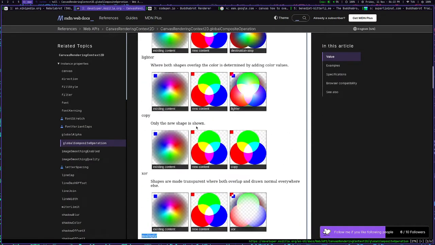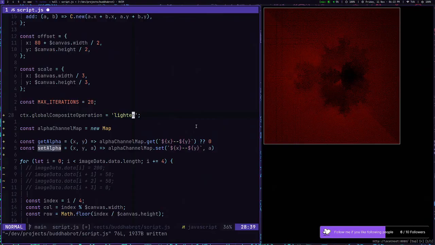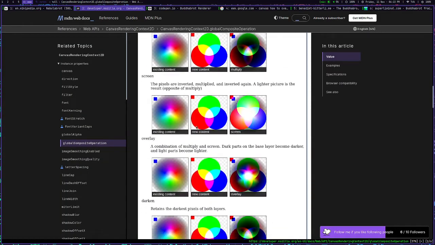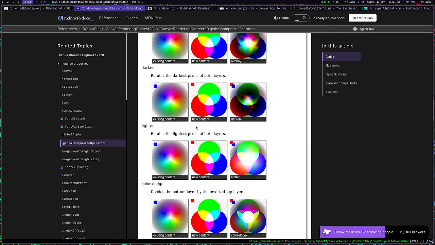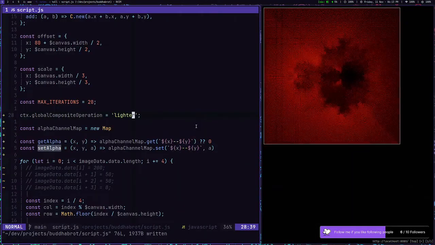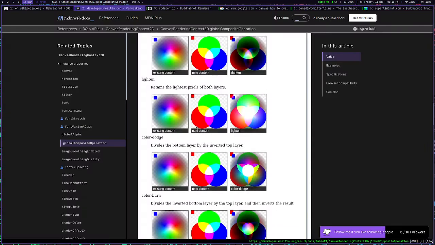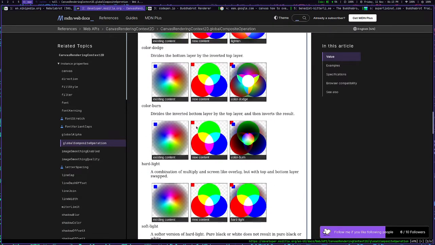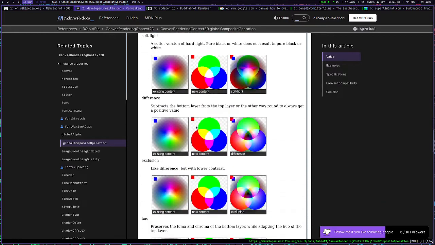Or is it spelled something else? Lighter, sorry, not lighten. We've also got overlay and oh, there is a lighten. Lighter, color dodge. God, there's too many things to worry about. I feel like we don't need to deal with all of this.